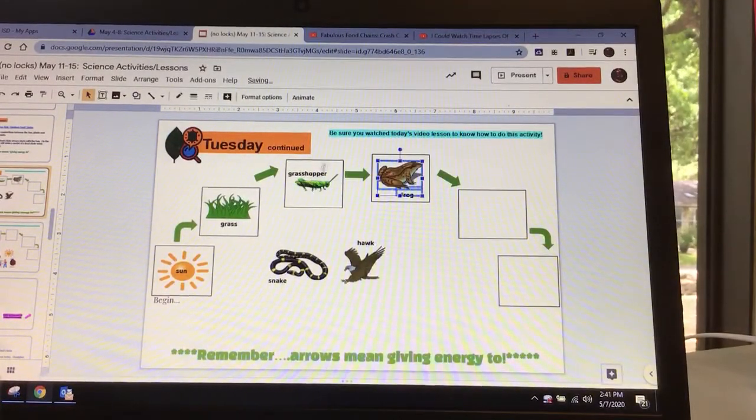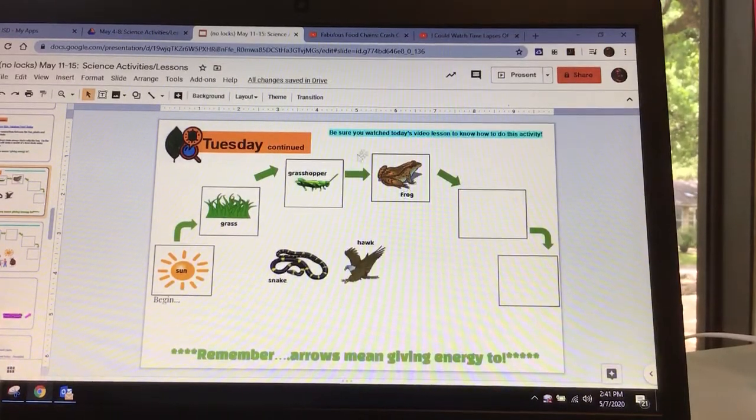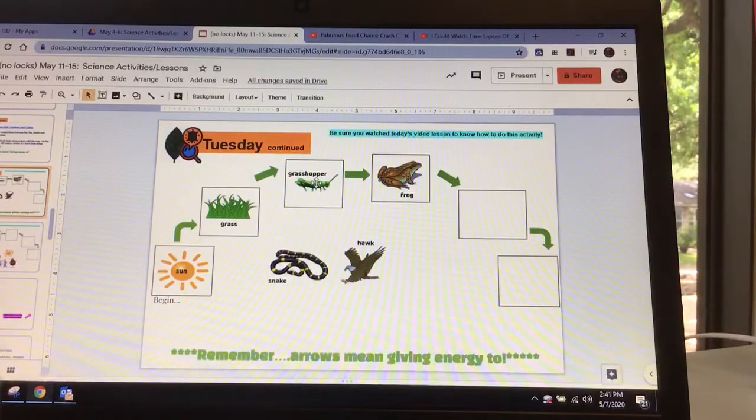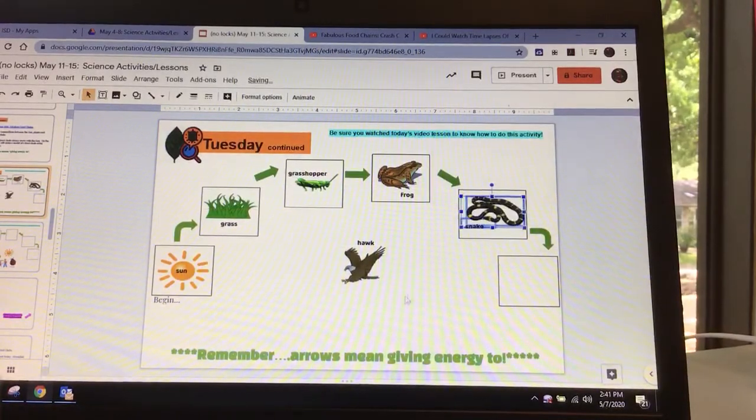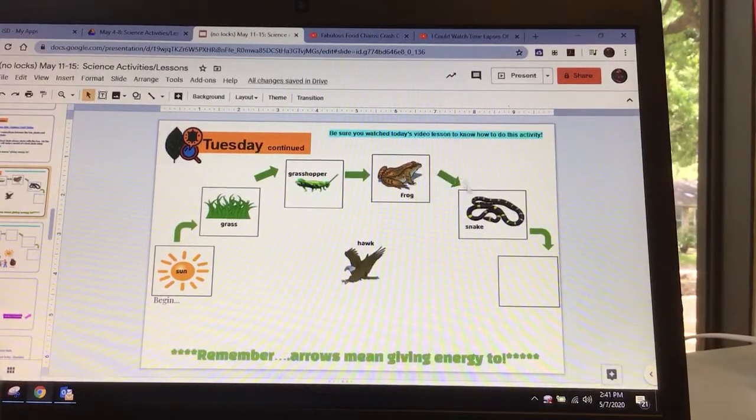A grasshopper gives energy to the frog. The frog eats the grasshopper, but notice that's not the way the arrow is going. The grasshopper gives energy to the frog, okay? Now, what does a frog give energy to? Well, the frog gives energy to the snake.